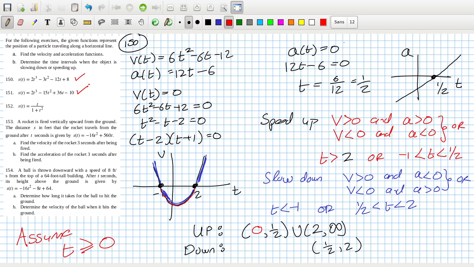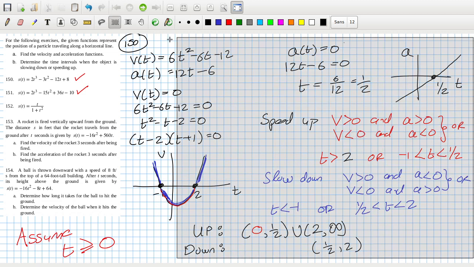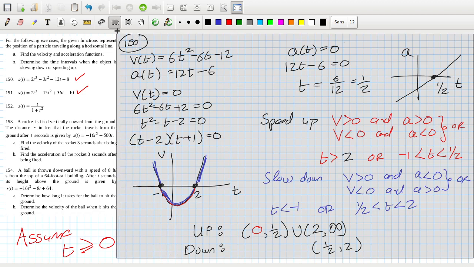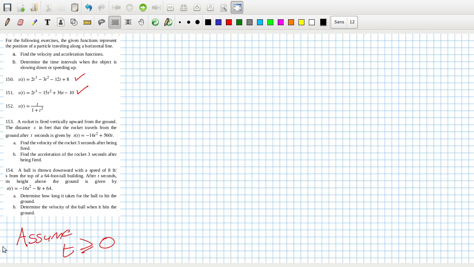Okay, that should be long enough now. Let's have a look now at 152. I really wish they said in the question t more than or equal to 0. Oh well.